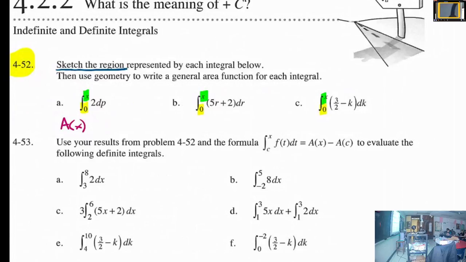Start by sketching the graph. I think that's the key component of those three.